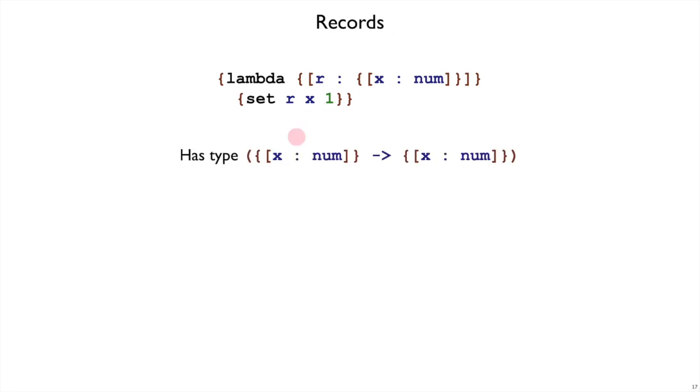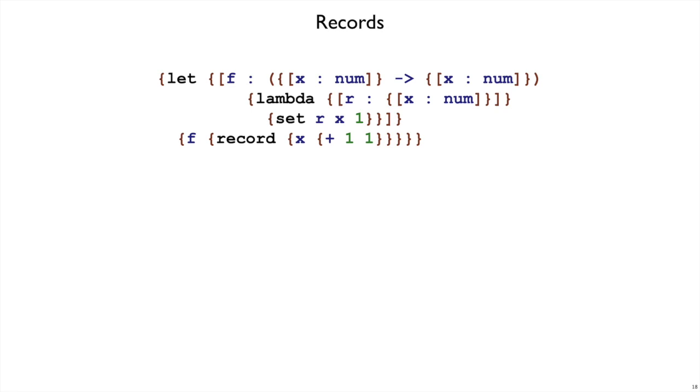The overall type here is: give me a record that has a number field x, and we'll give you back the same sort of record as a result. Here I'm taking that same function and binding it to f, and calling f on this record here. And we can see that this function call is okay because the type of this record expression is a record with x of type num, and that's exactly what f wants as an argument.